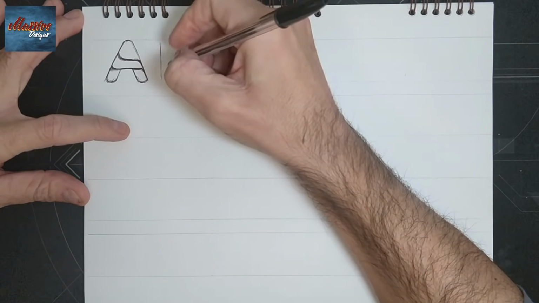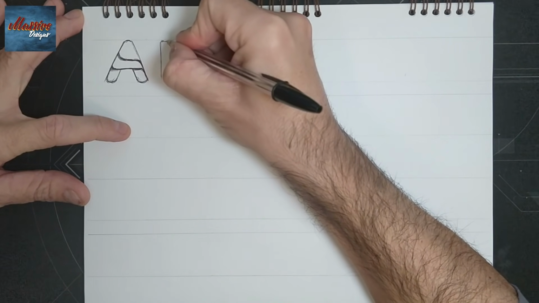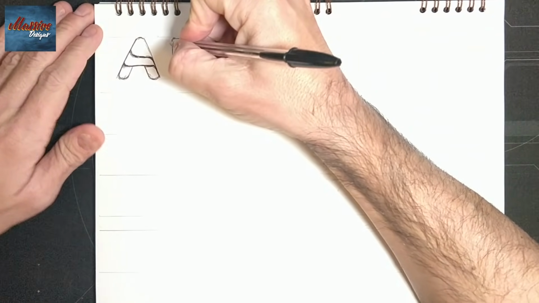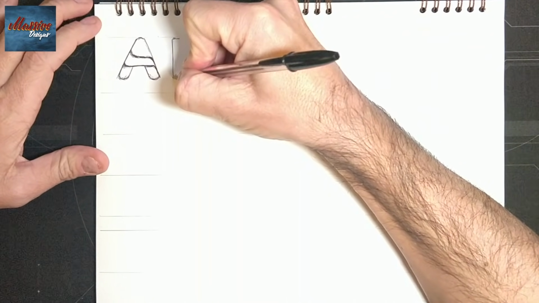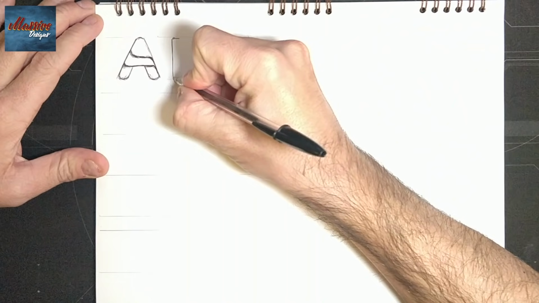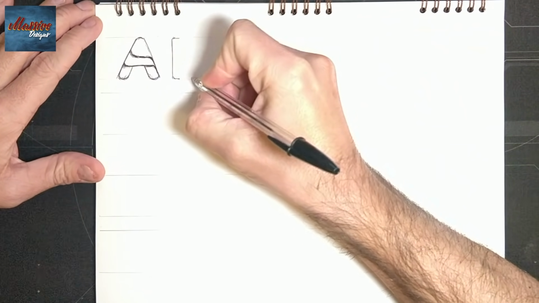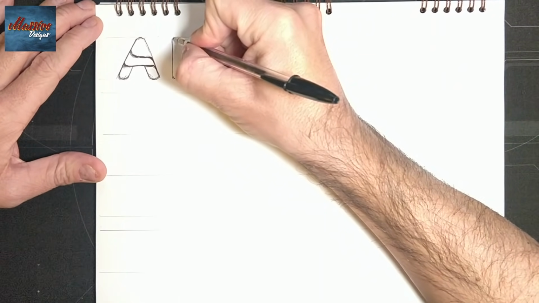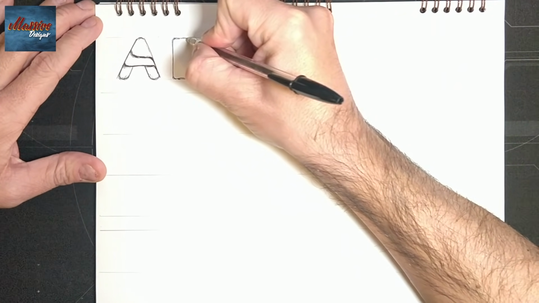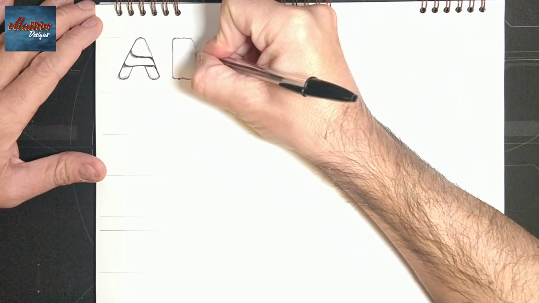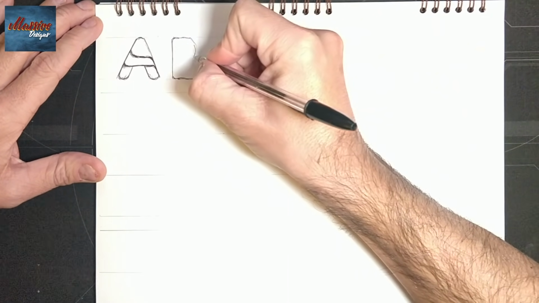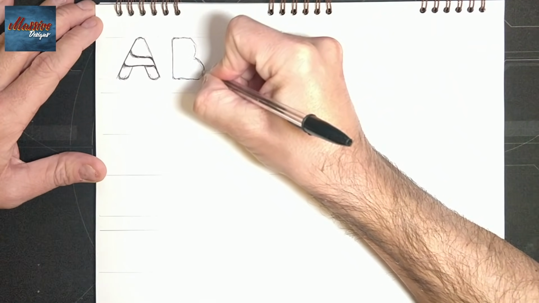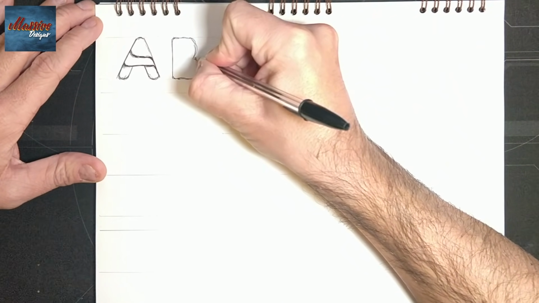So they all have the same height. Okay, so for the B, it should be also more or less the same type of lines. We're going to use the round corners, and let's just do something like this, and a bit of a chubby B here.